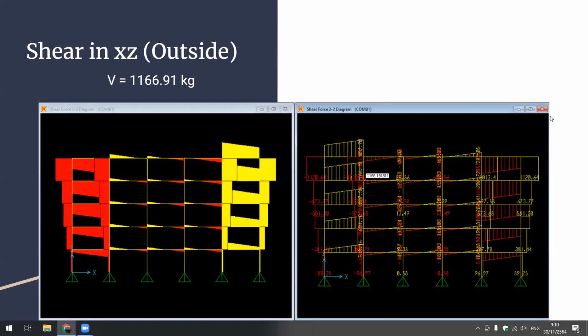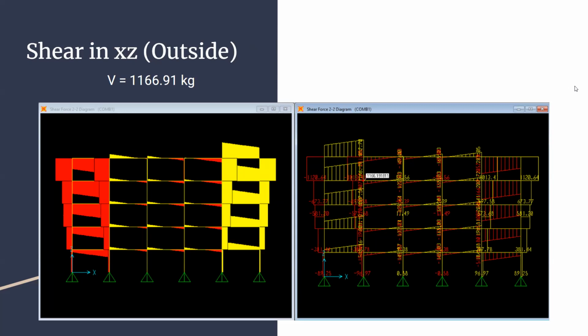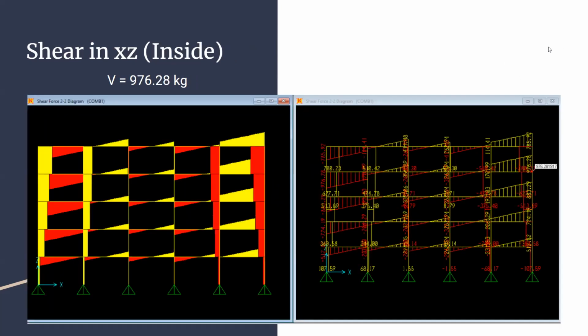For the shear in the XZ plane, the maximum shear is 1,166 kilograms, and in the inside plane the maximum shear is 976 kilograms.